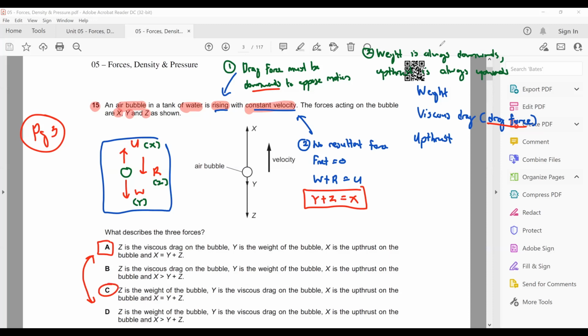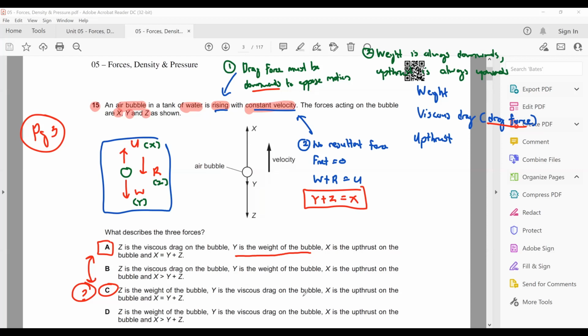No, I made a mistake there. I actually wanted to compare with C. A and C look very similar, right? But why can't C be the answer? Because here, weight is always downwards, right?